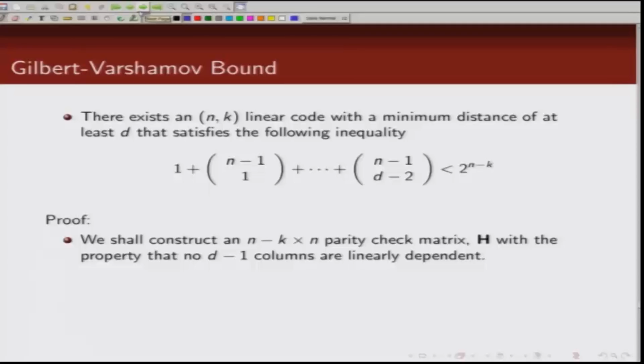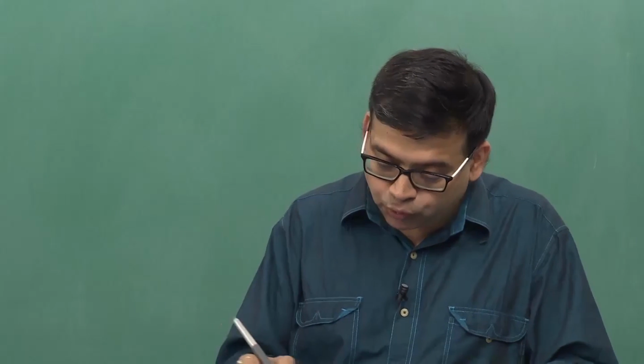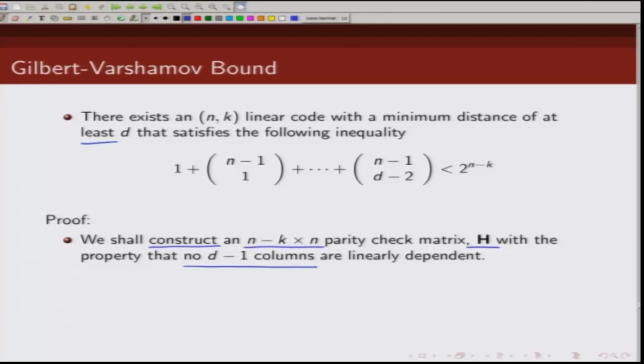So, let us construct a parity check matrix H, which is an (n minus k) cross n matrix. Now, we will try to construct this parity check matrix such that no d minus 1 columns are linearly dependent. If we can ensure that, then we are ensuring that the minimum distance is at least d, and that is what we want to show: that if the minimum distance is at least d, then this condition has to be satisfied.